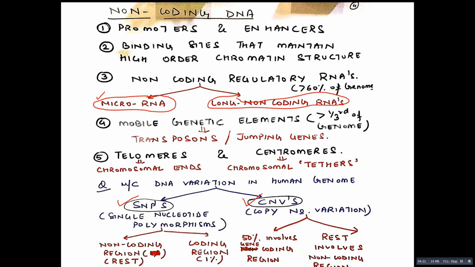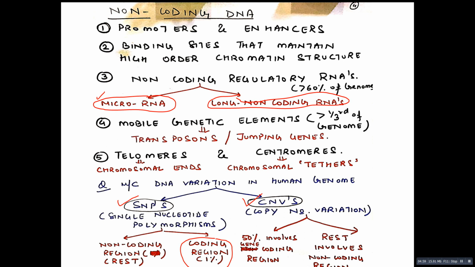These are the normal variations in the human genome in the general population. An important part about SNPs is that only 1% of the coding region is involved by SNPs, whereas the rest of them are in the non-coding region. Whereas in copy number variation, 50% involves the gene coding region, whereas the rest involves the non-coding region.